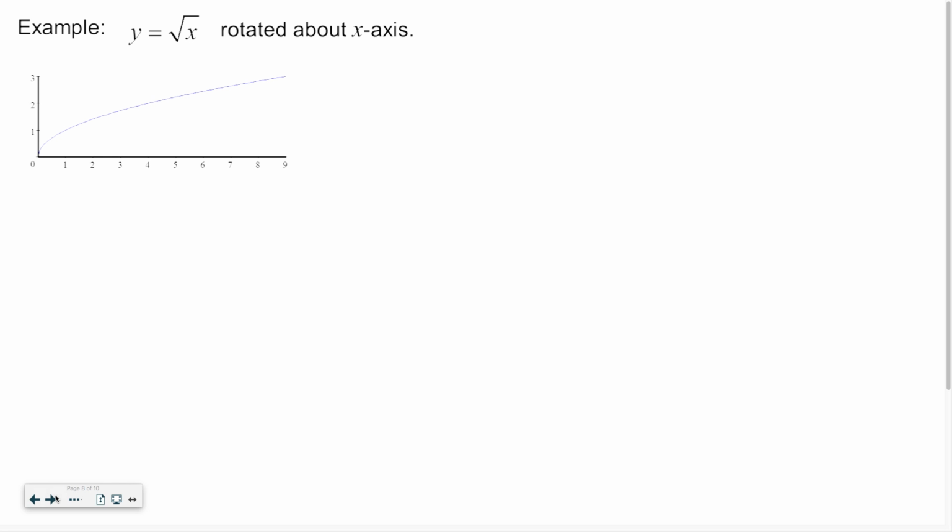Y equals radical x. We are going to rotate about the x-axis. Okay, so we're going to have 2 pi.